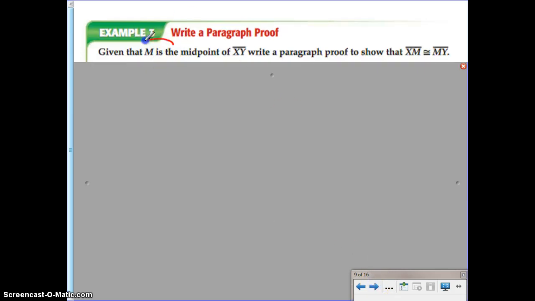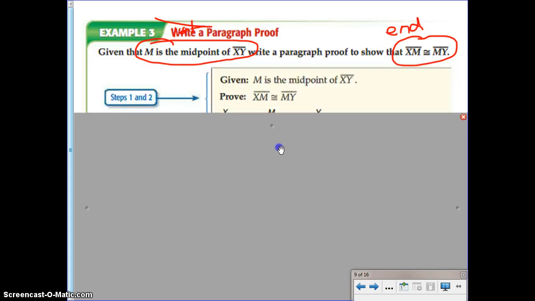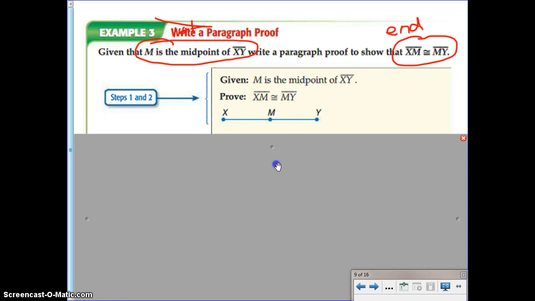So we know that this is what is given. This is what we're trying to prove. This is the end. So this is where we start. And this is where we want to end. And would you be able to draw a picture for that? Give it a shot. So that's what we're given. We just copy it down. That's what we're trying to prove. And here's a picture where M is the midpoint.